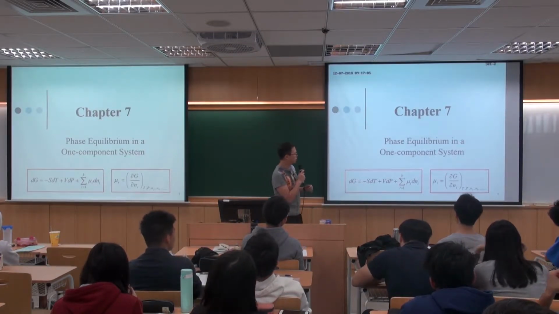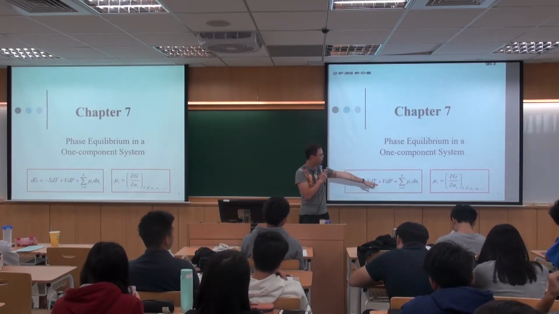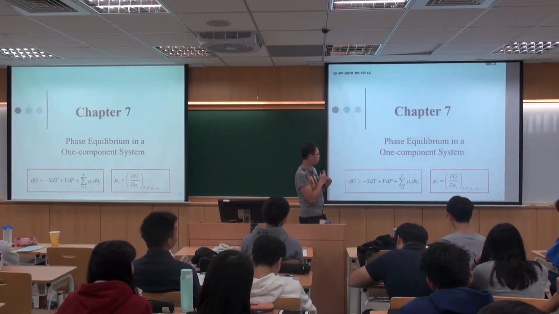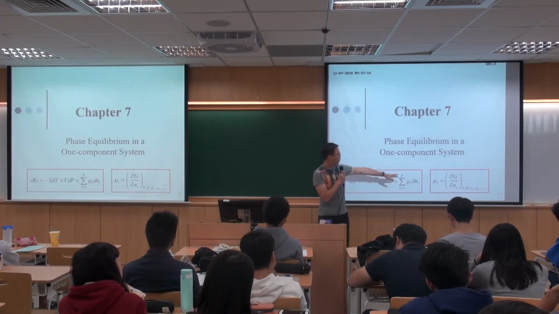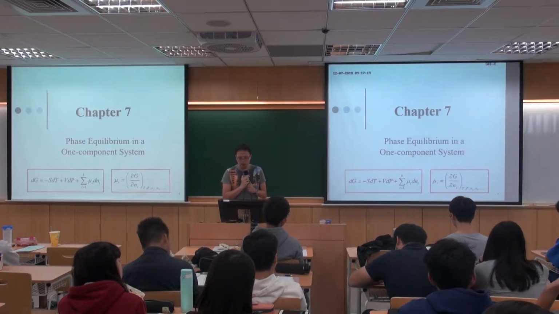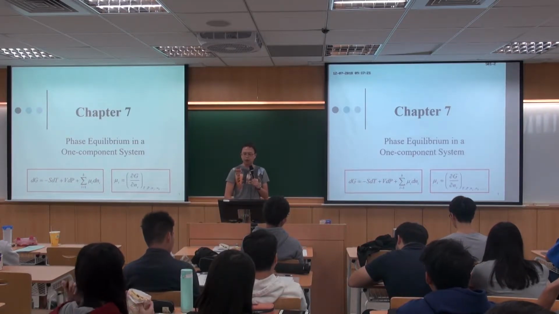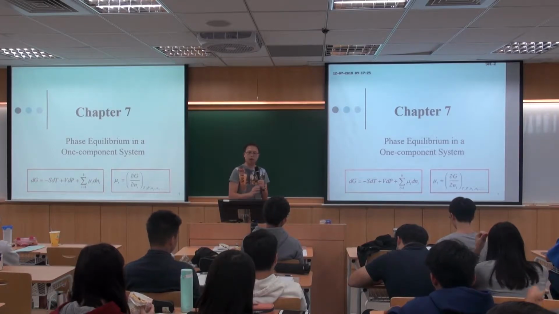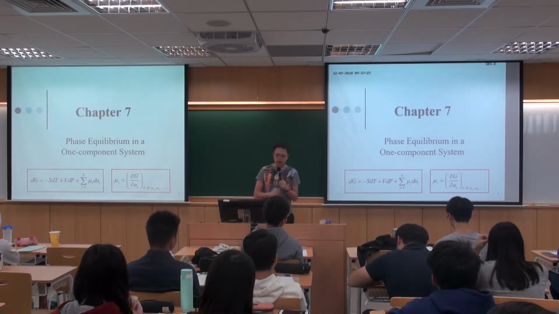Recall that from chapter 5, we learned that the chemical potential for a specific species will be related to partial G over partial N. Okay? And we tried to prove this in chapter 5. So these are the concepts that will be used in this chapter.